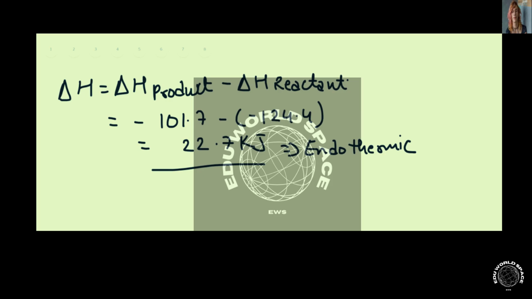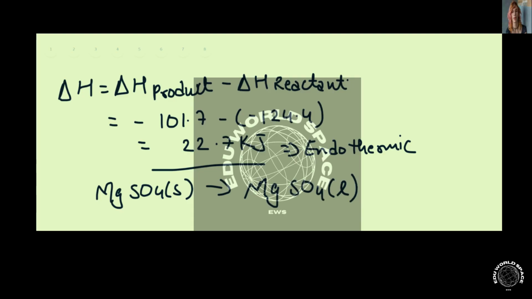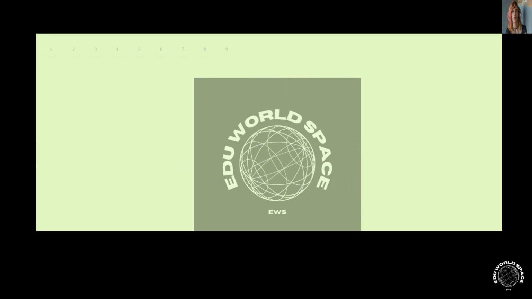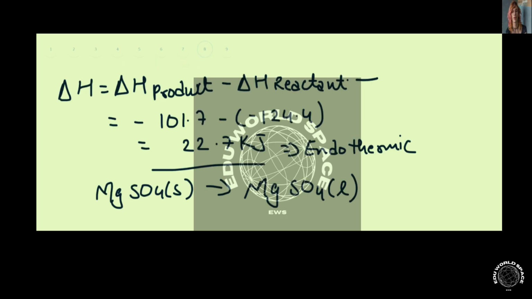Next reaction is dissolving MgSO4 in water. So we have MgSO4 in solid form. Dissolving it in water will give us MgSO4 in liquid form. Again, we have to determine the delta H value using the same formula.